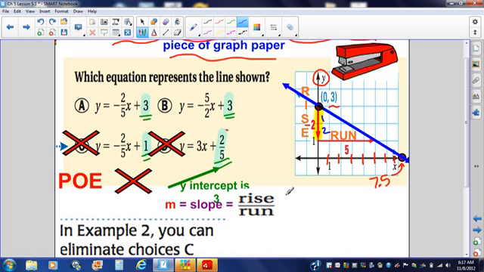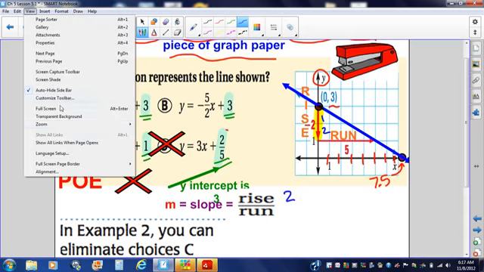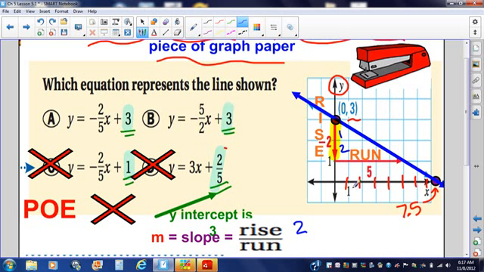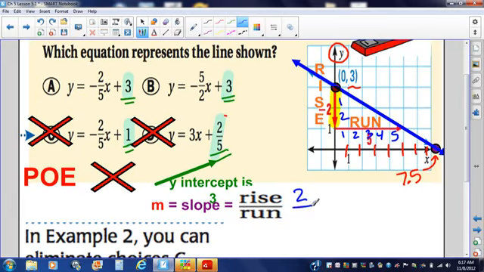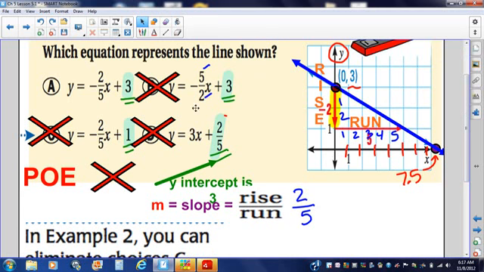So my rise is going to be 2. My run, I'll zoom in for my visual people, is going to be 1, 2, 3, 4, 5. So I know that my fraction for my slope has to be 2 over 5. This is not 2, this is not 5, so they must be trying to trick me and have it backwards. This is 2, this is 5.